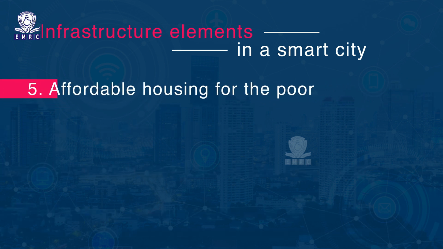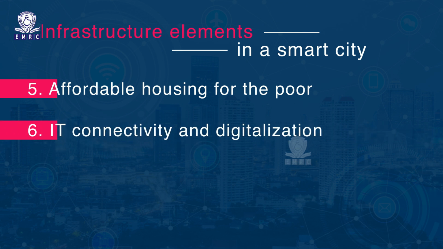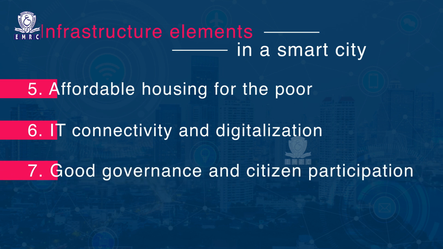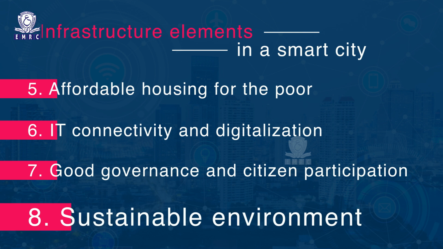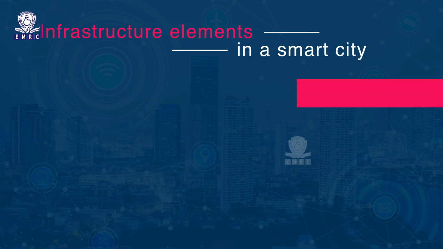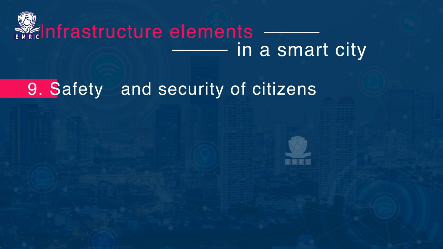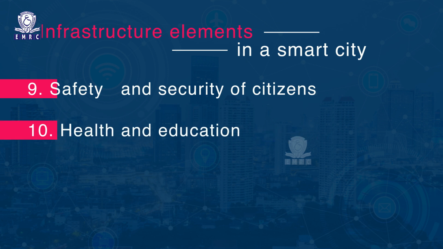Affordable housing for the poor, 6. IT connectivity and digitalization, 7. Good governance and citizen participation, 8. Sustainable environment, 9. Safety and security of citizens, that is the women, children and elderly persons, 10. Health and education, etc.